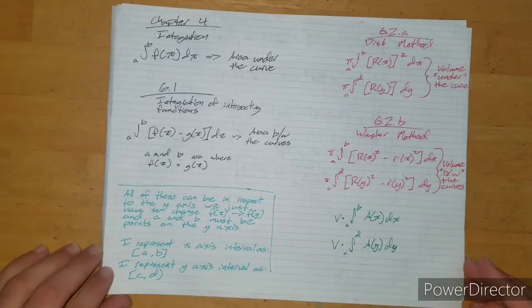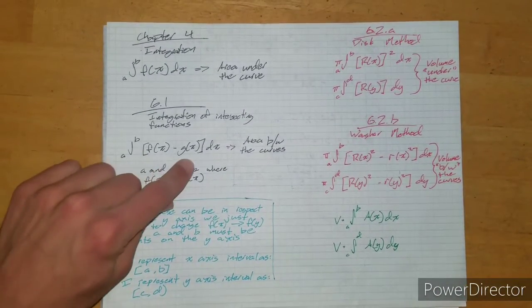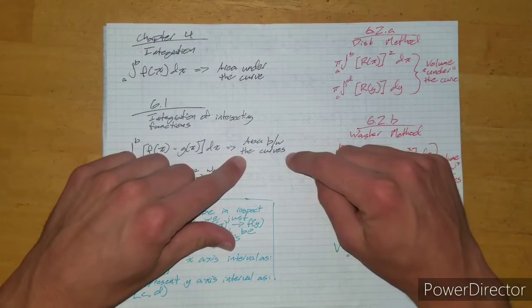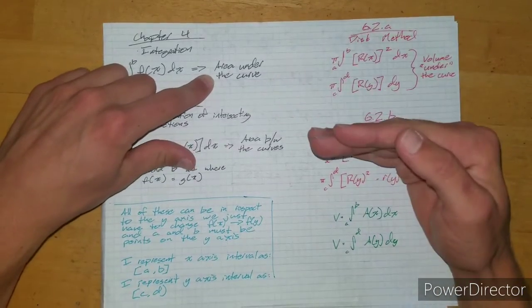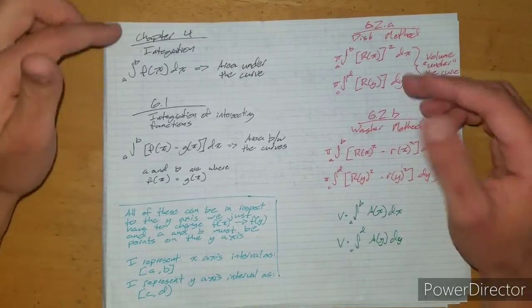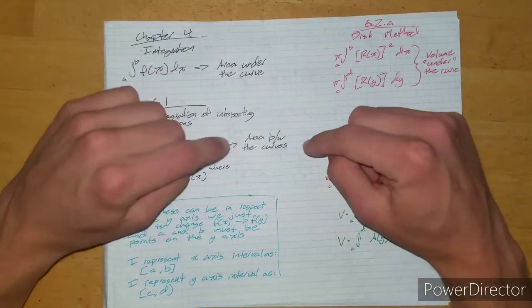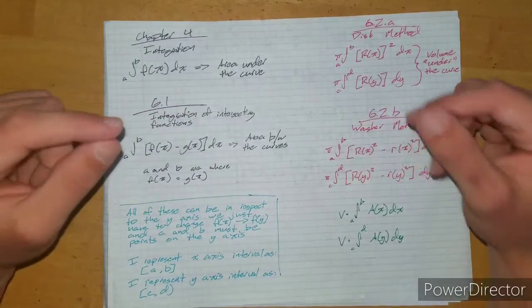So those are the points of intersection for f of x and g of x. And this is going to give us the area between the two curves. So in chapter 4, we were talking about the area under a curve, and we'll get to what that looks like in a graph in a little bit. But chapter 4 was area under the curve, and then chapter 6.1 was area between two curves.